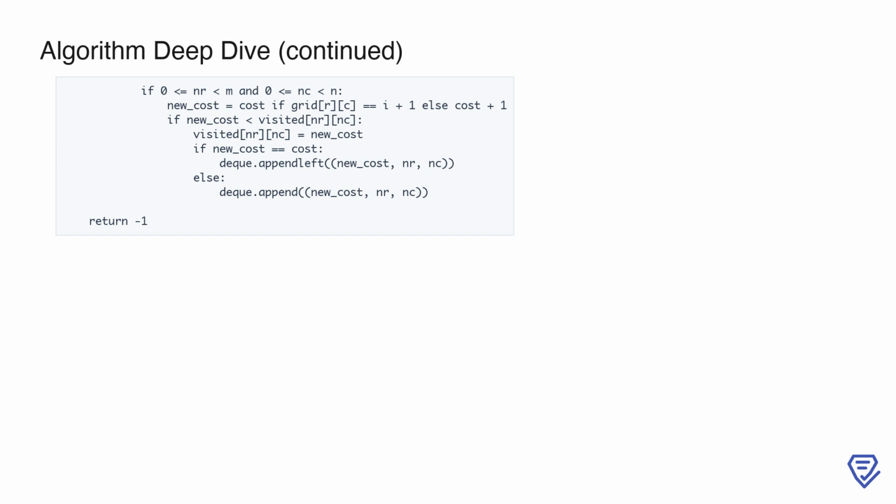Zero-cost moves are added to the front of the deque to prioritize them, while moves with a cost of 1 are appended to the back. This ensures that the BFS explores paths in order of increasing cost. Once the deque is exhausted, if we haven't reached the target cell, we return -1 to indicate that no valid path exists. This implementation efficiently calculates the minimum cost to create a valid path in the grid, leveraging the 0-1 BFS technique and the specific structure of the problem.